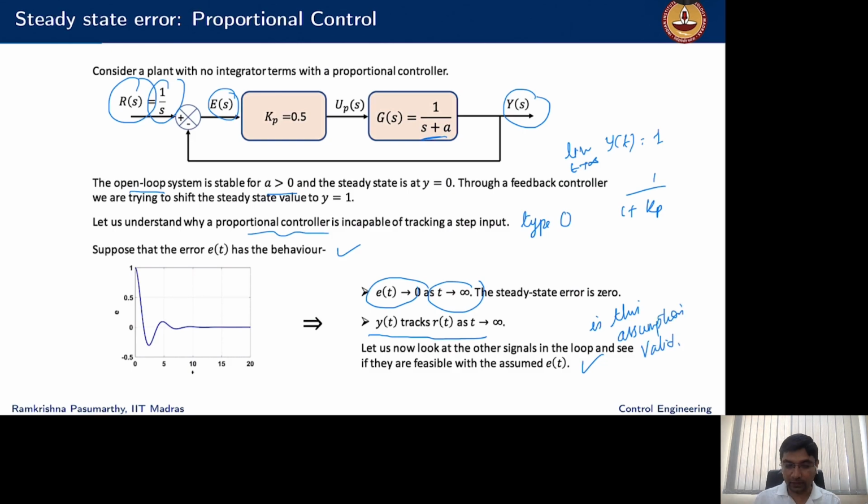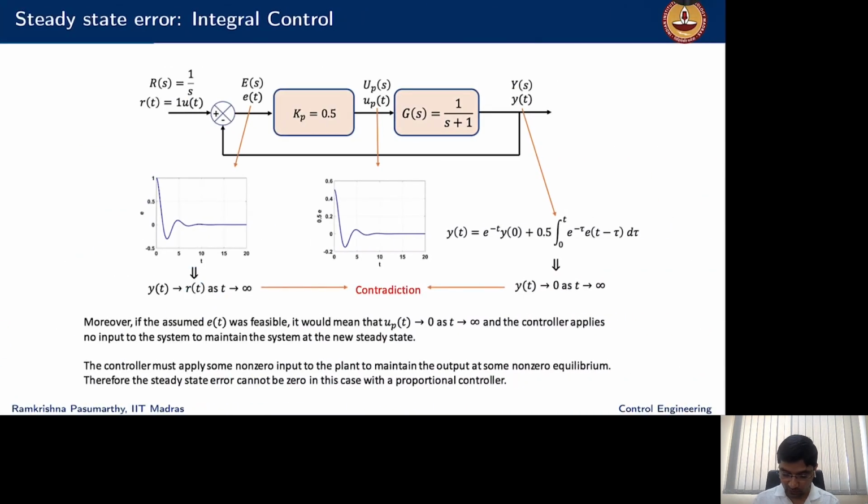As we saw, the entire control architecture is about how signals flow through various blocks. Let us look at what is happening in each of these blocks. If the error goes to 0 in the steady state, the input to the controller also goes to 0 in the steady state. Let's say the proportionality constant just reduces this magnitude by 0.5.